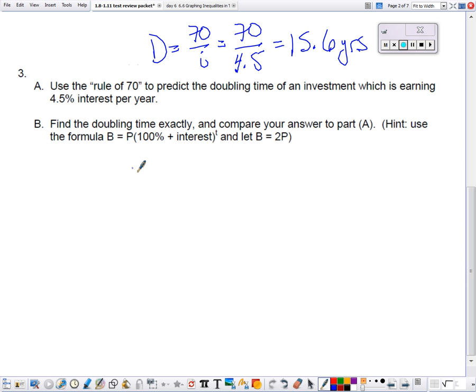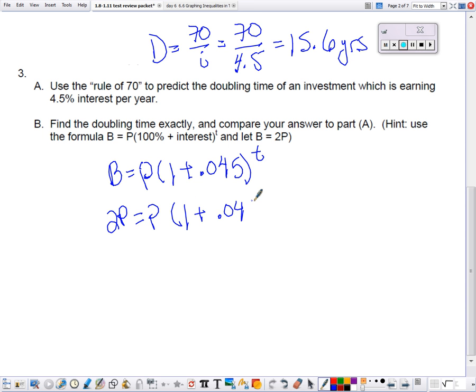So to find the exact doubling time, I'm going to change my percent to a decimal. But to double p, my balance will be 2p. Now when I divide both sides by p, we get 2 equals 1.045 to the t.